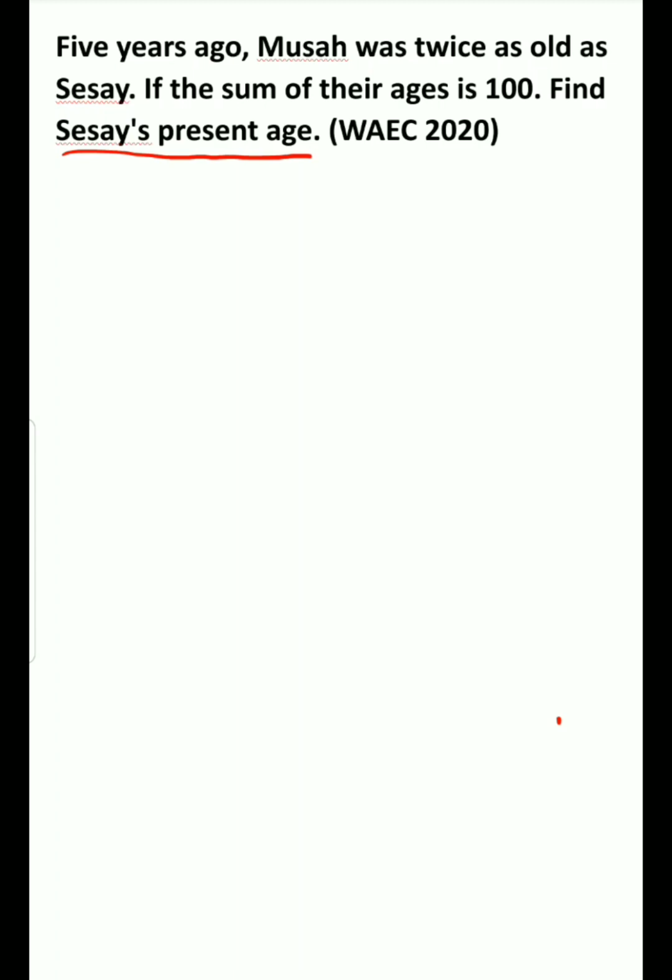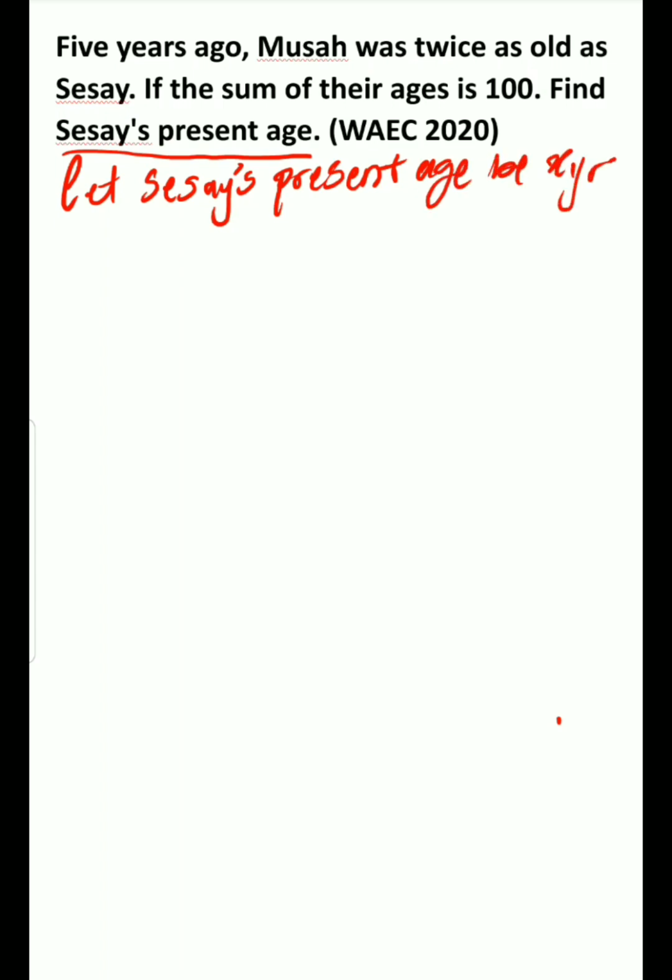So, Sise's present age is the problem, and we start with that by saying, let Sise's present age be X years. 5 years ago, Musa was twice as old as Sise.